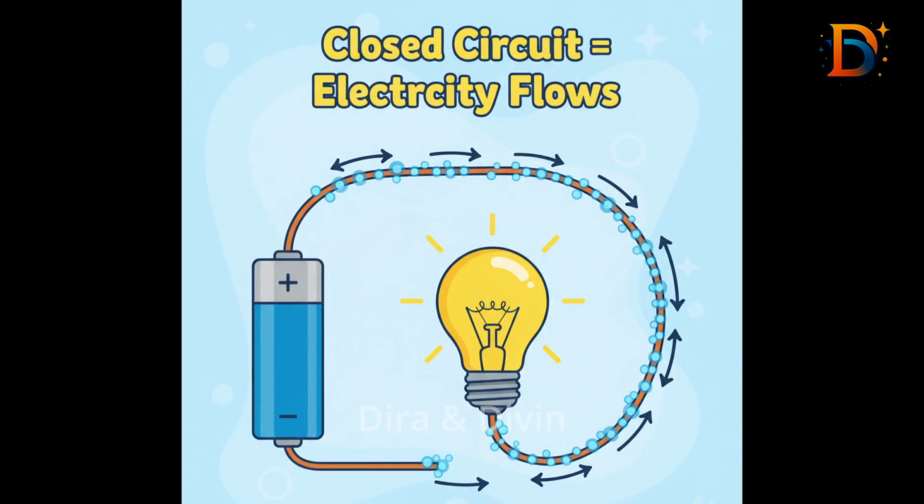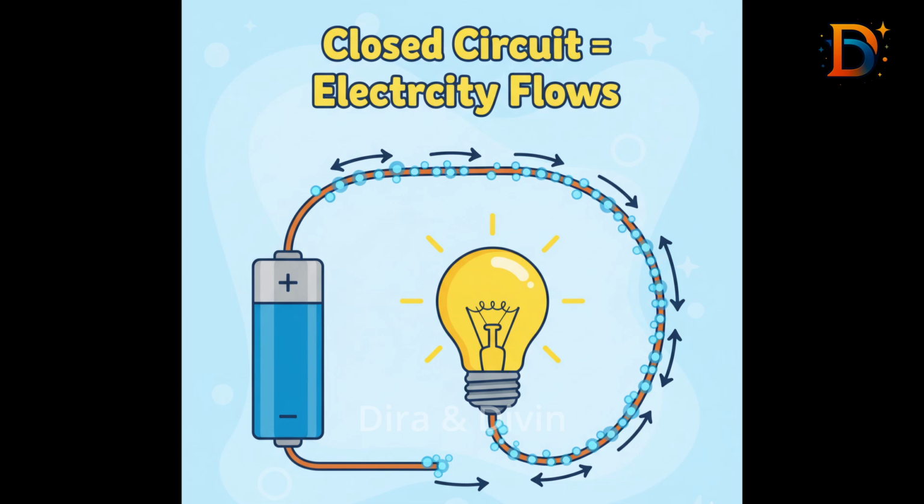What is a circuit? So, how do we make those electrons flow in a steady path to power things? We use something called a circuit. A circuit is like a complete loop or a racetrack for electrons.